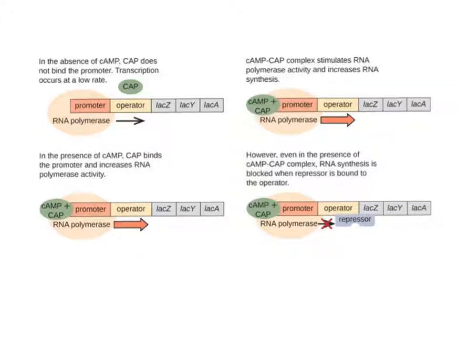All right, so in the upper left-hand corner over here, it says, in the absence of cAMP, CAP does not bind to the promoter. And so transcription occurs at a low rate, right? So at this point, what we're saying is we do not have cAMP. We have very low amounts of cAMP, which means we have high amounts of ATP. Because remember, if we have low amounts of ATP, then we have high amounts of cAMP because we have that conversion happening because we phosphorylate E2A.